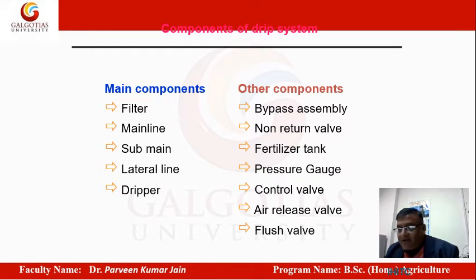This was the first component, and the second is about the different parts of a drip system. Normally, as you know, drip irrigation is a network of piping. There is a big pipe which takes the water, just like the public health or potable water which comes to your house in the form of tap water.